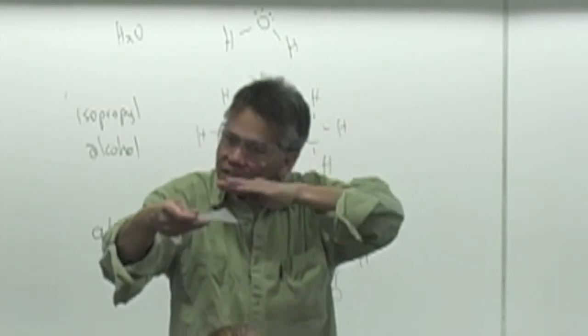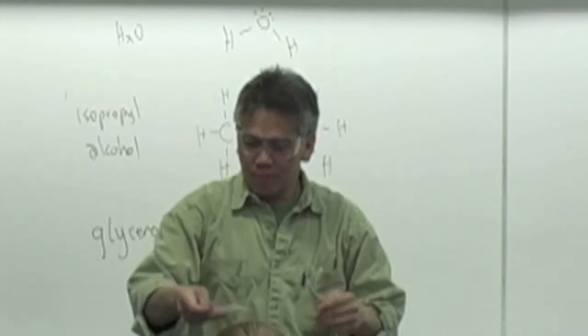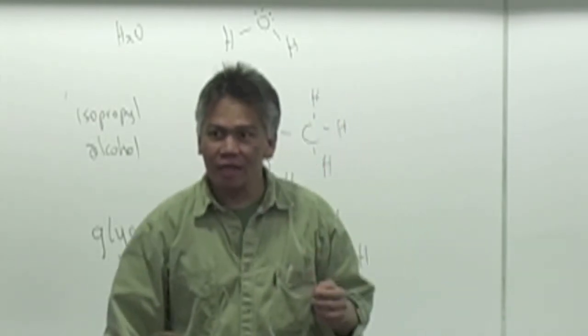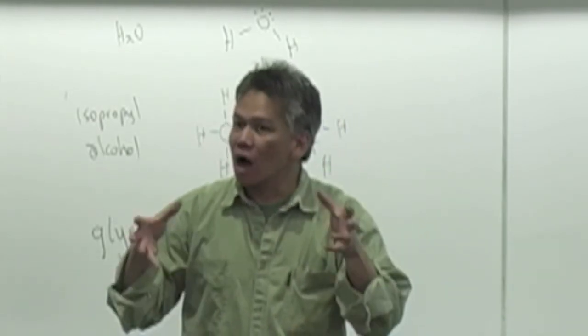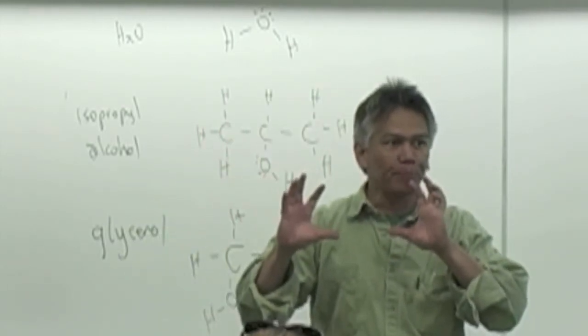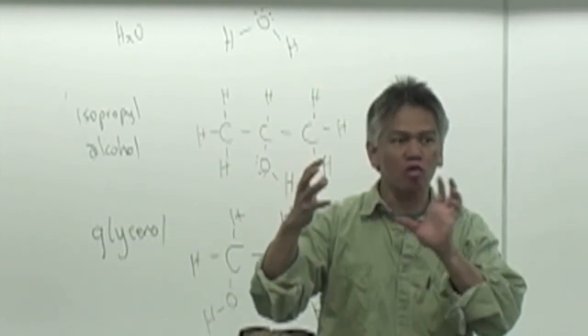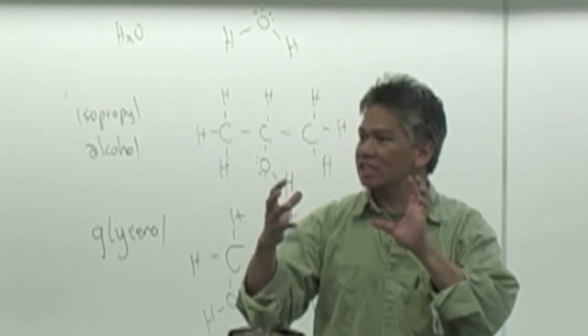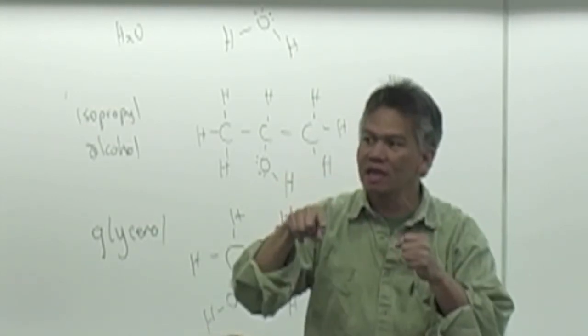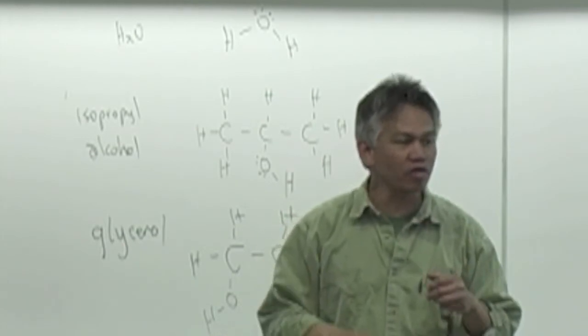Is it spherical? Is it flat? Because surface tension is a property that measures intermolecular force. Whenever a liquid takes on a spherical shape, it maximizes surface tension. So the more spherical that drop is, the stronger the intermolecular force.